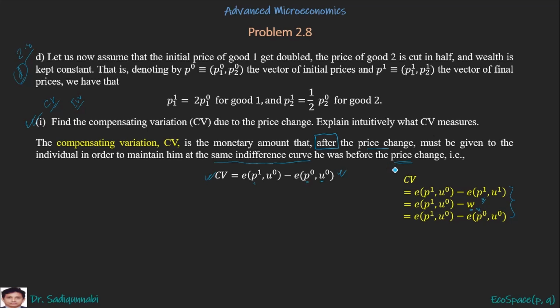Graphically we can try for that. We have seen that there is a price increase. Price for good one increases. So if we have this as the original budget, a price increase means a leftward pivoting.